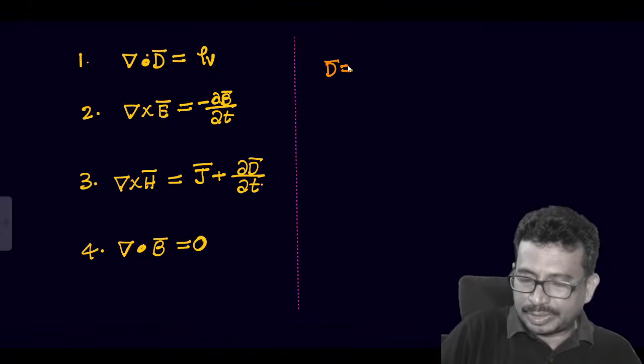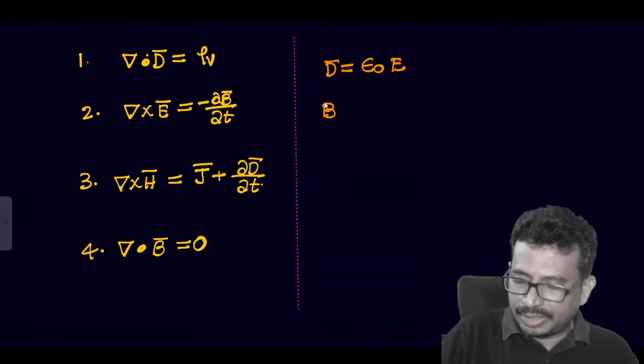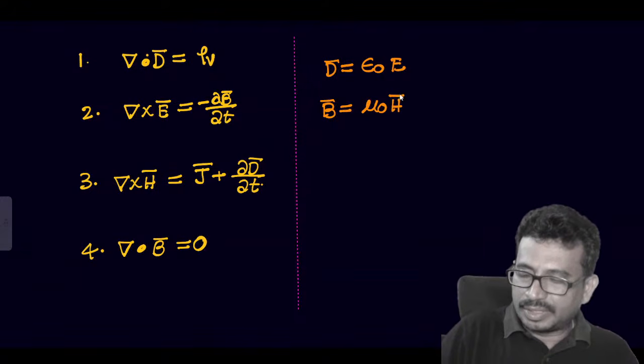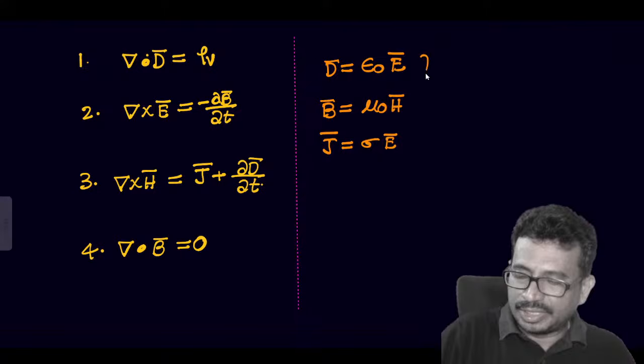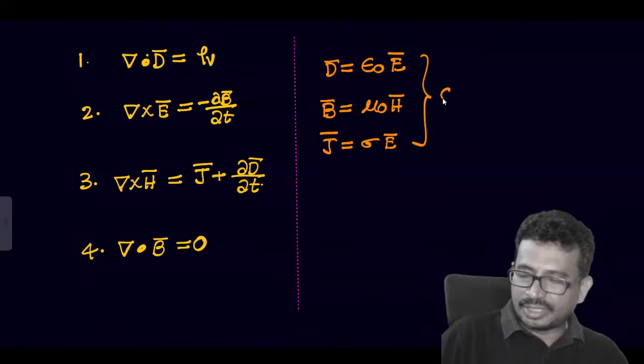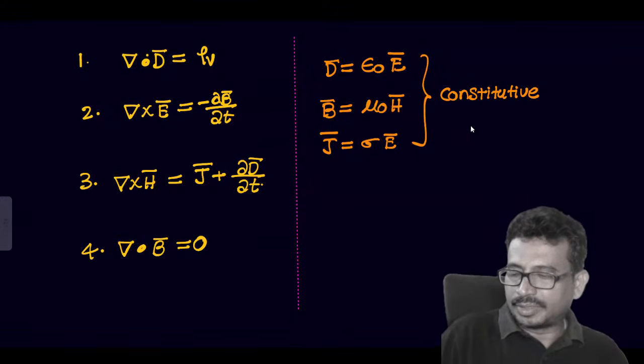D is equal to epsilon naught E, B is equal to mu naught H, and J is equal to sigma E. These are called the constitutive equations.